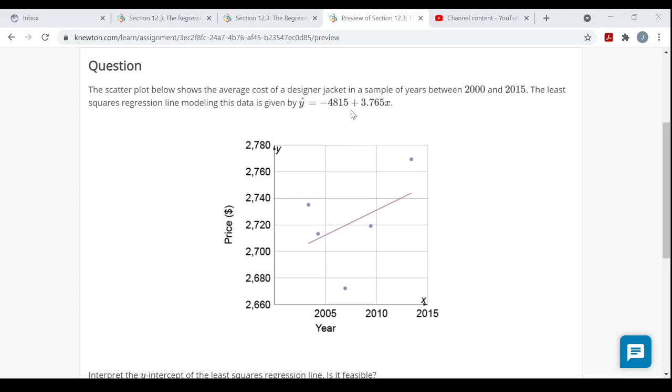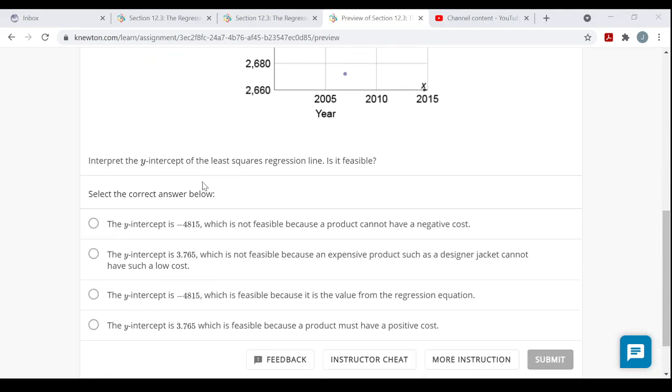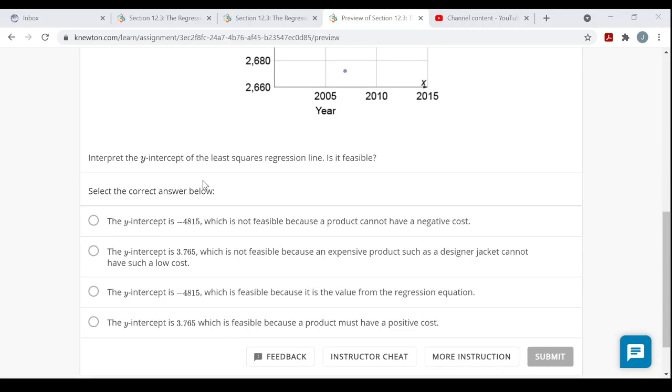So in year 0, we'd predict the average cost. Again, year 0 makes no sense either. But we'd predict the average cost of designer jackets back in year 0 must have been negative $4,815. How can something average a cost of negative dollars? So the y-intercept of this line makes no sense and should have no interpretation.